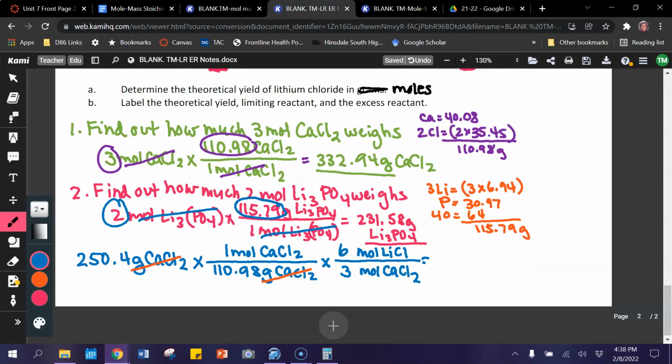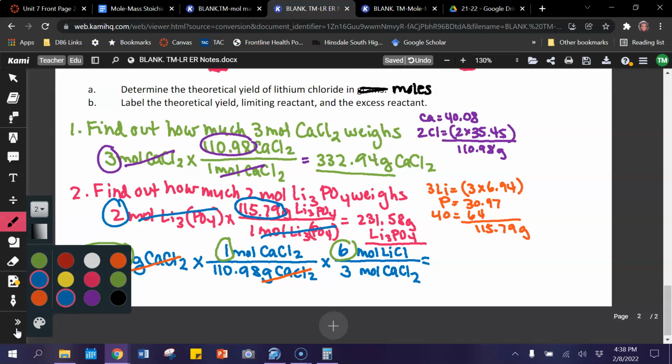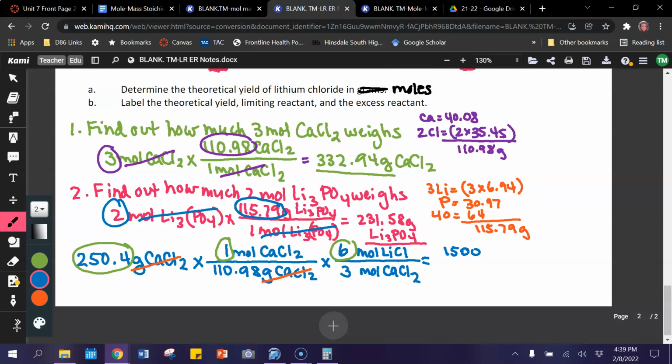So, in order to figure this out, I want to multiply 250.4 times 1 times 6, and when I multiply that out, I get 1,500. And along the bottom in purple, I need to multiply 110.98 times 3.